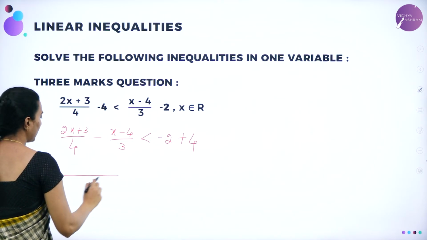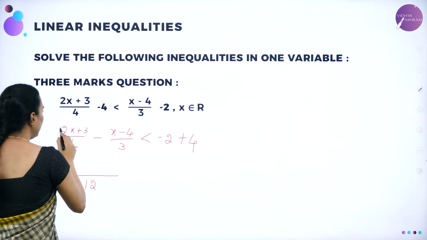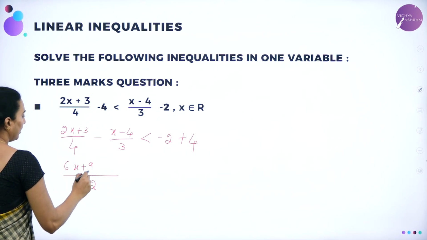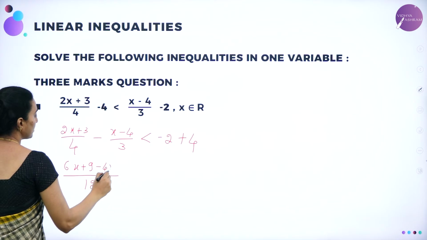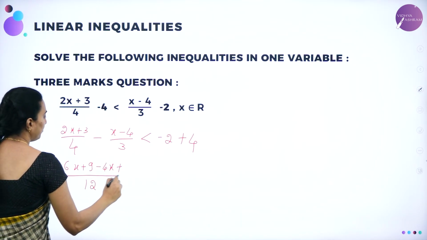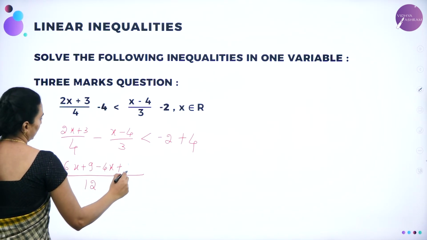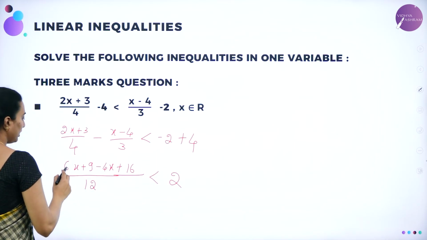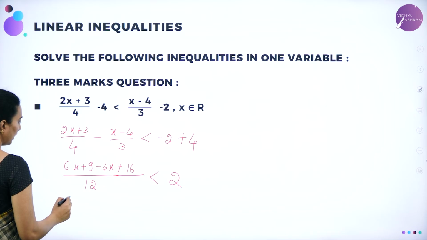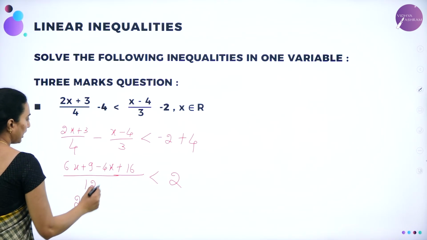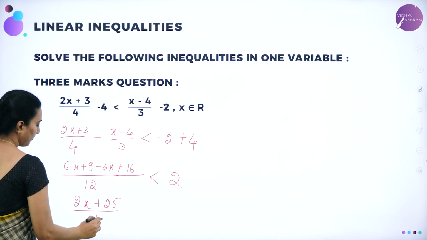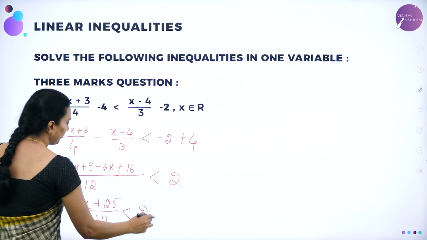Taking the LCM as 12. Now here 3 2s are 6x, 3 3s are 9, 4 1s are 4 minus 4x. Again minus into minus is plus, 4 4s are 16, is lesser than minus 2 plus 4 is 2. Now you can have 6x minus 4x, which is nothing but 2x, plus 9 plus 16 is plus 25, divided by 12 is lesser than 2.